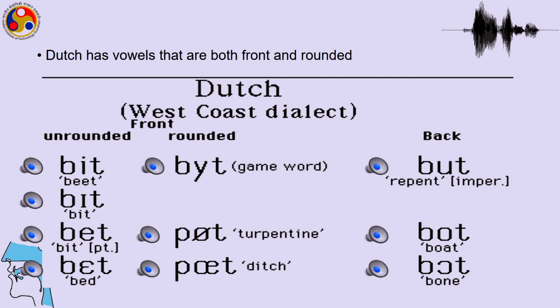So among these vowels, these are the rounded vowels in Dutch, and this is the round front high vowel, and this is the round front mid vowel, and then we have these other vowels which are rounded but back.